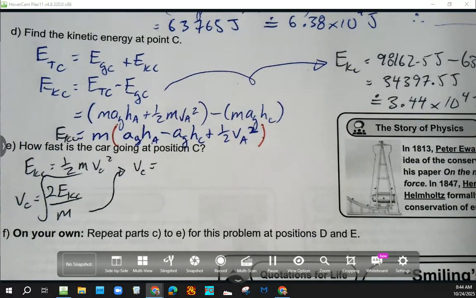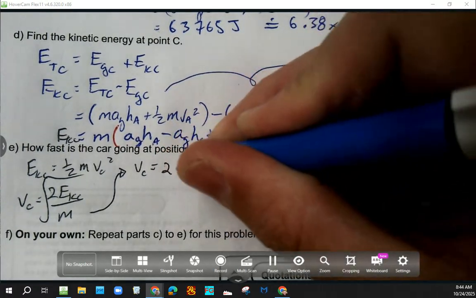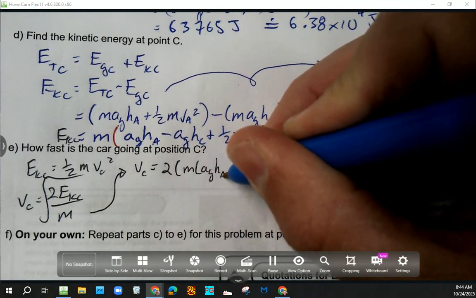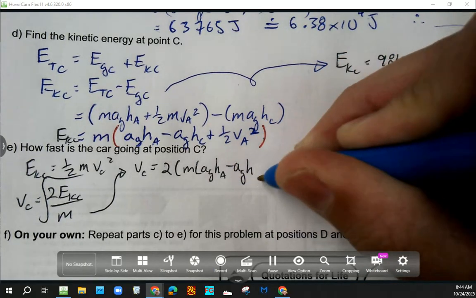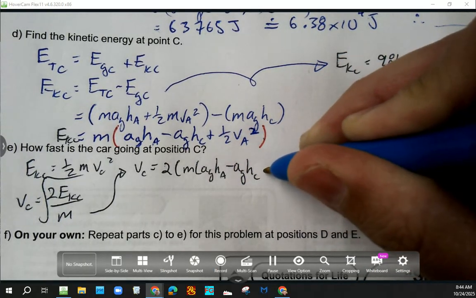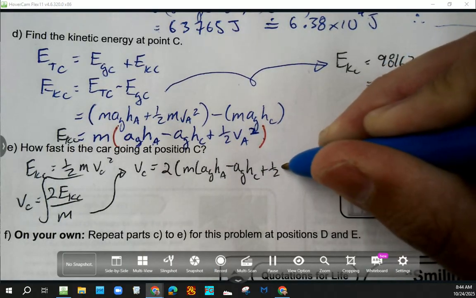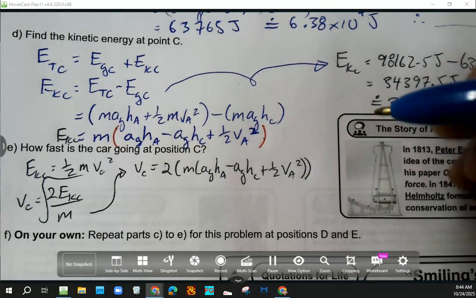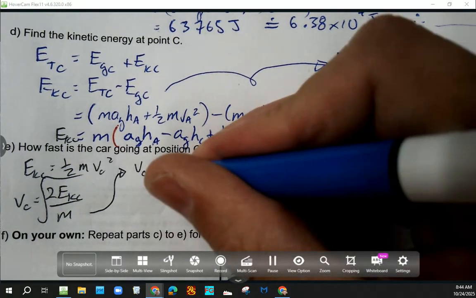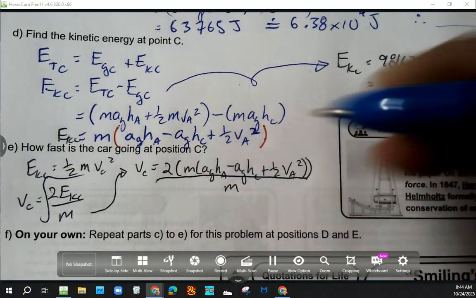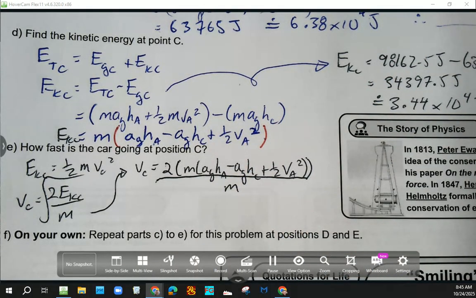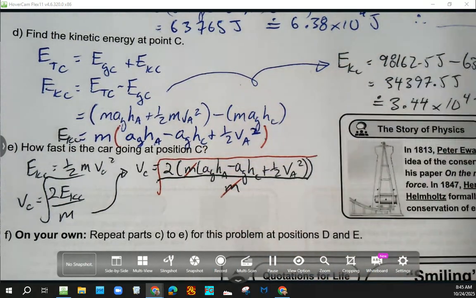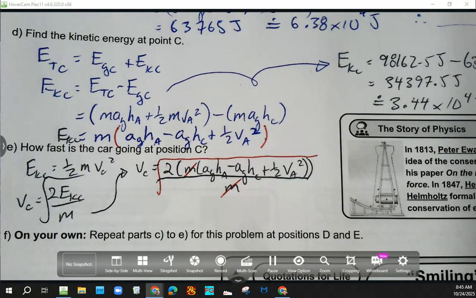I could write it as VC is equal to 2 times mass times (AGHA minus AGHC plus 1/2 VA squared, close bracket), all divided by M. And as I look at that, I think, oh, don't forget I got a square root. But those masses are gone. This becomes mass independent. That's kind of nice.